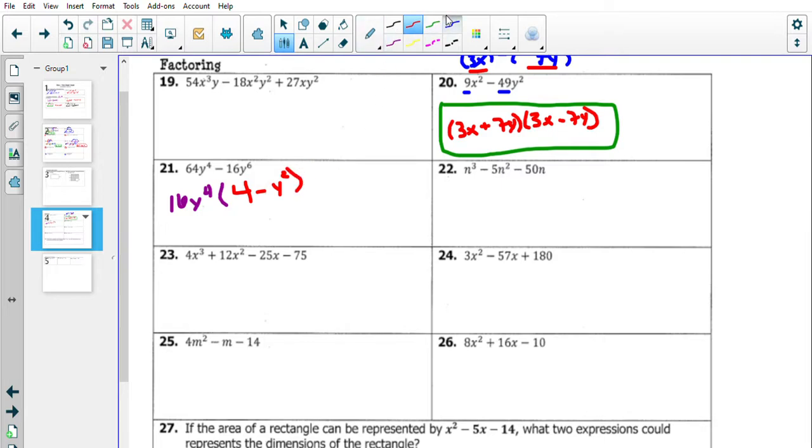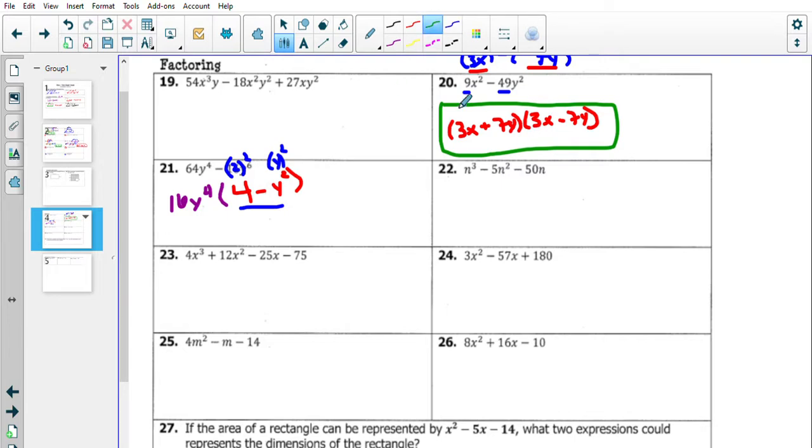Now, normally, if we factor out a GCF, we'd be like, all right, well, that's it. But we have to look at what's left inside. And inside our parentheses, we have 2 terms, a subtraction sign. What do I square to get a 4? I square 2. And what do I square to get y squared? I square y.